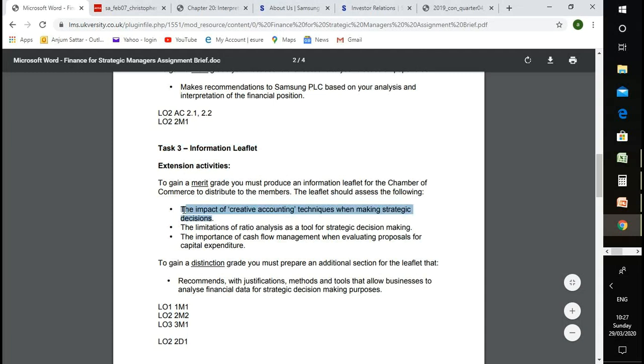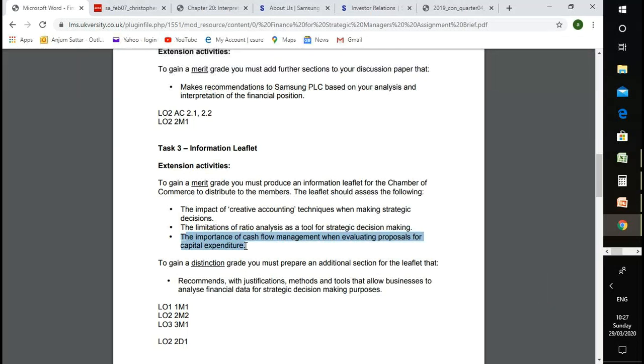We also learned about creative accounting, yes? We did. We learned about the limitation of ratios, and even discussed the external environment. We learned about the cash flows in the last lesson, and we can even look at cash flows in terms of Samsung, the cash flow statement under investing, operating, and financing activity. What happened?